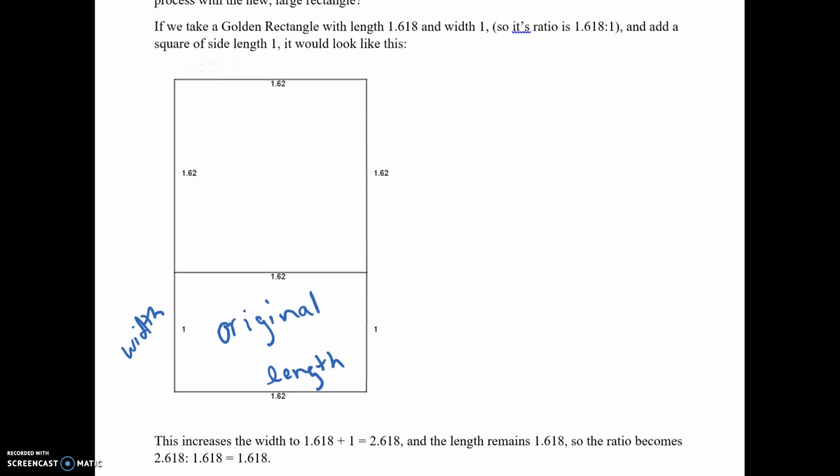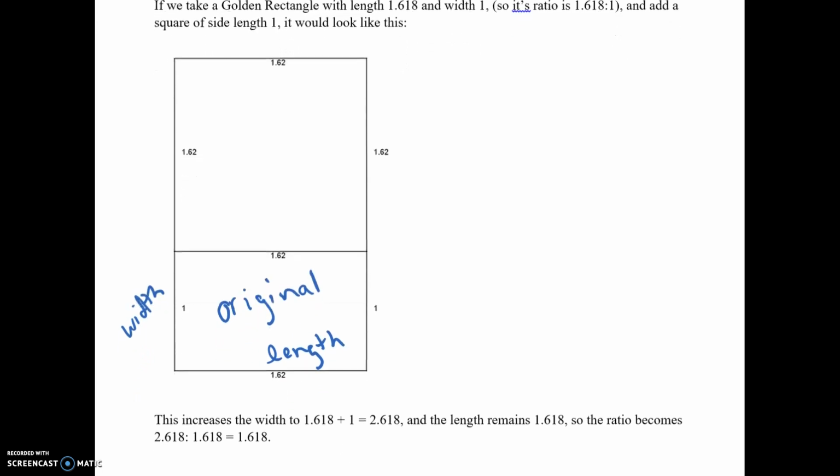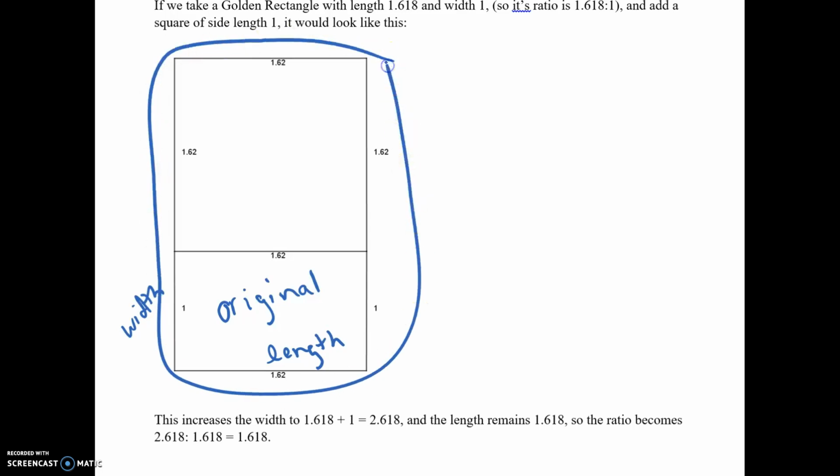So our ratio becomes 1.618 plus 1 for the width, and the length remains 1.618. So the ratio becomes 2.618 to 1.618, which is, again, 1.618. So this entire rectangle now is also a golden rectangle.